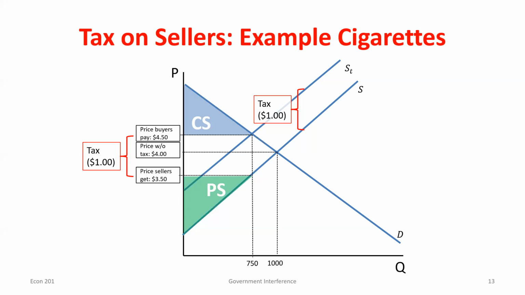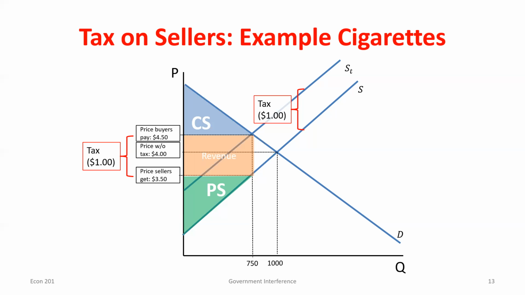We talked about some of these things, a little bit of review. What does that rectangle represent here? This is the quantity, or the number of units sold. The difference between the price sellers keep and the price consumers pay is the value of the tax. So the value of the tax times the number of units sold is how much money goes to the government. That's tax revenue.